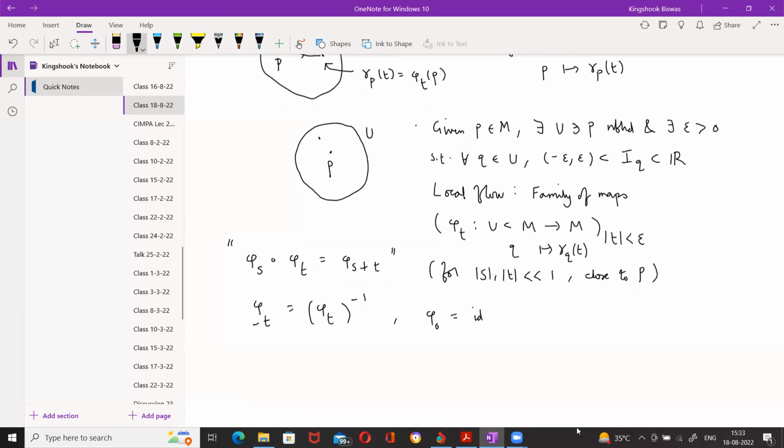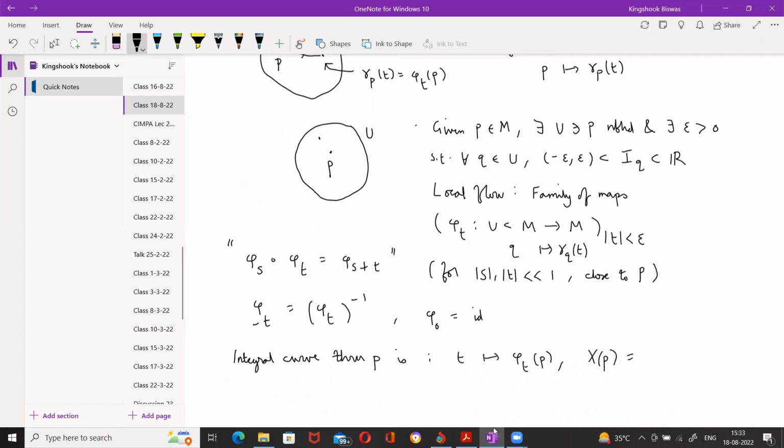And the integral curve through P is by definition just t maps to phi t of P. And so the vector field X at P, I can get by differentiating the flow.